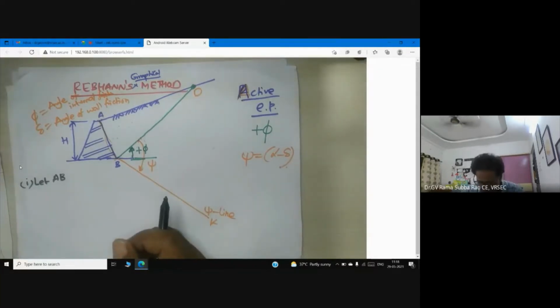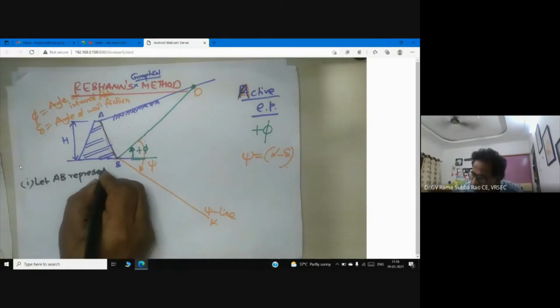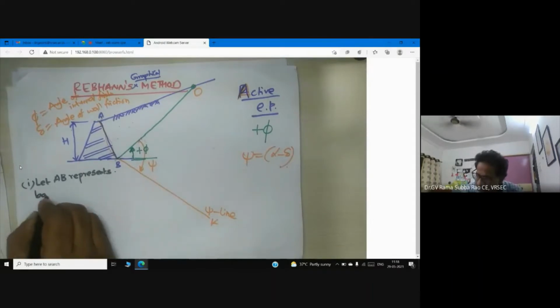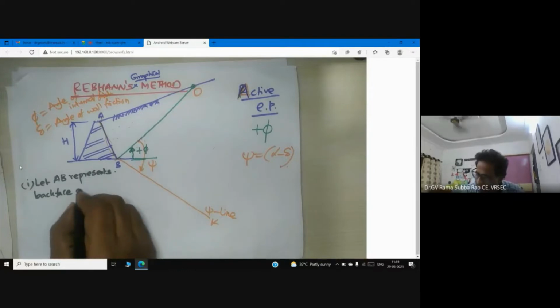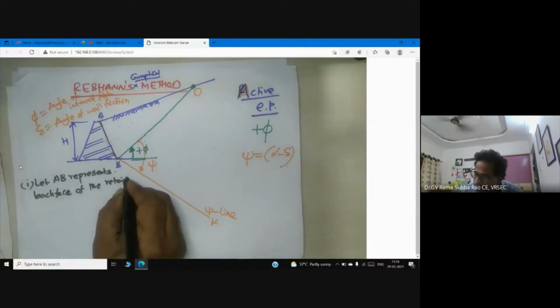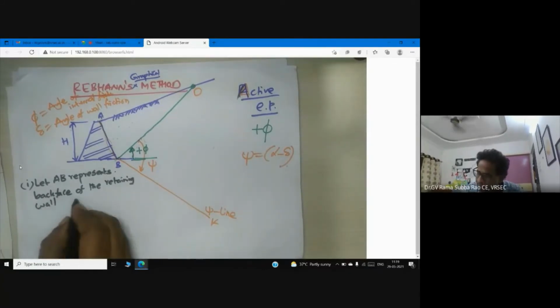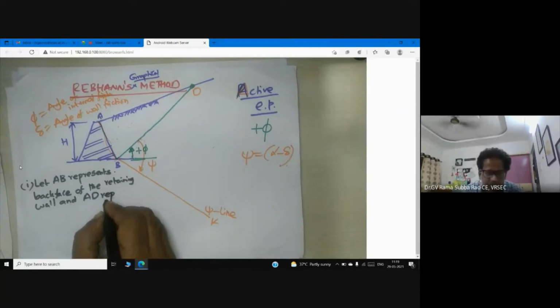Anyhow, I will write: let AB represent the back face of the retaining wall. I will write in simple language. And AD represents, the same language we have used in Coulomb's method also.